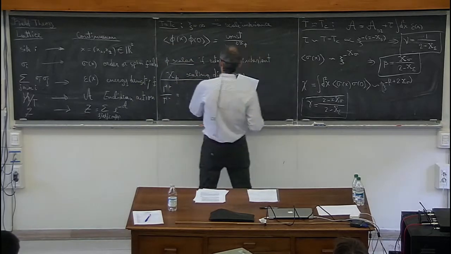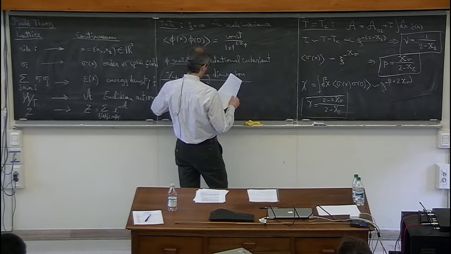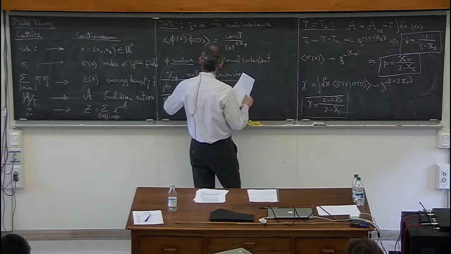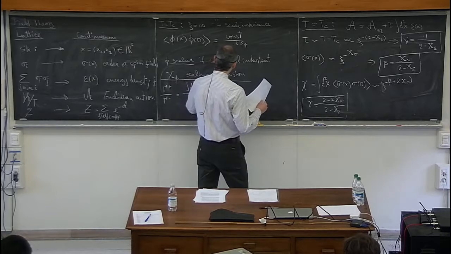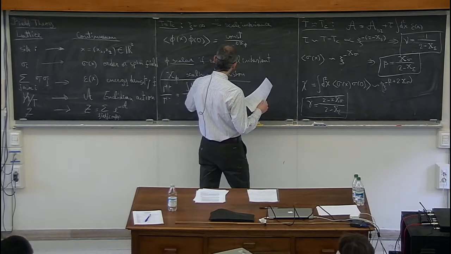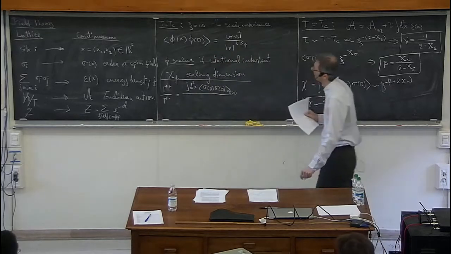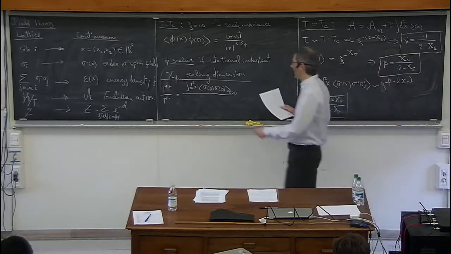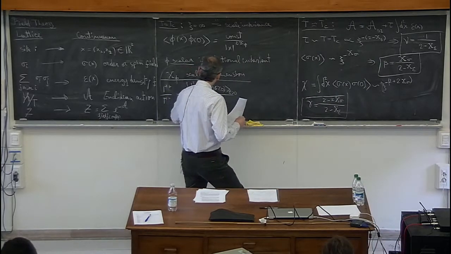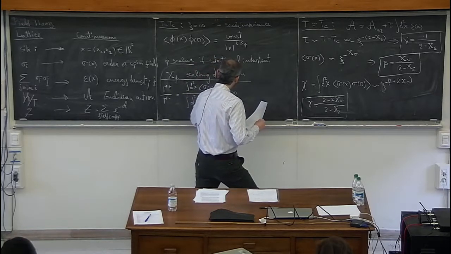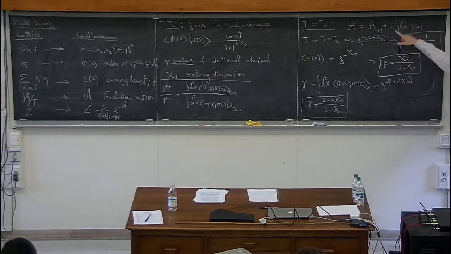Now we understand that this for us will be the ratio of the susceptibility computed in the field theory above Tc, so tau positive, divided by the same object computed in this theory with tau negative.